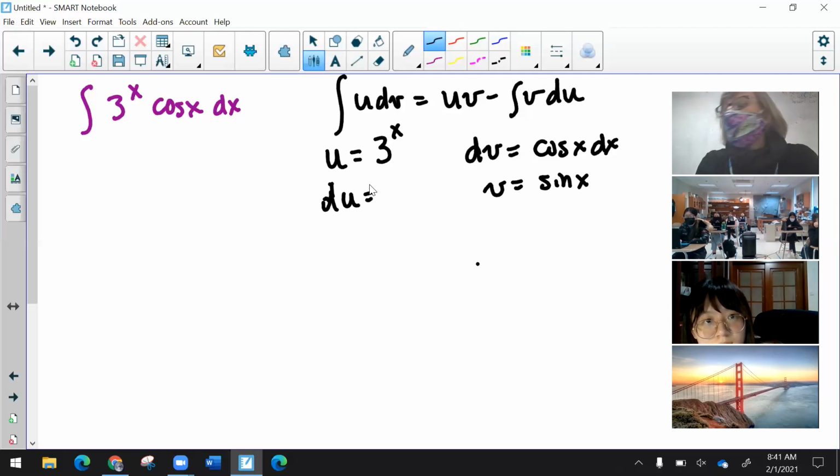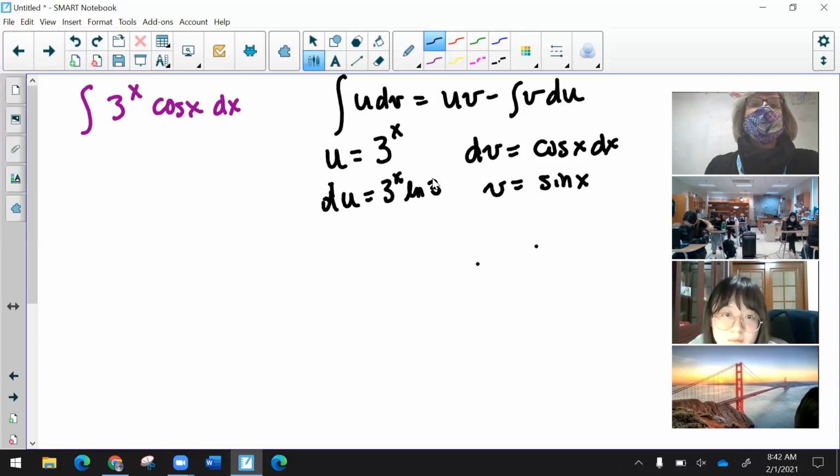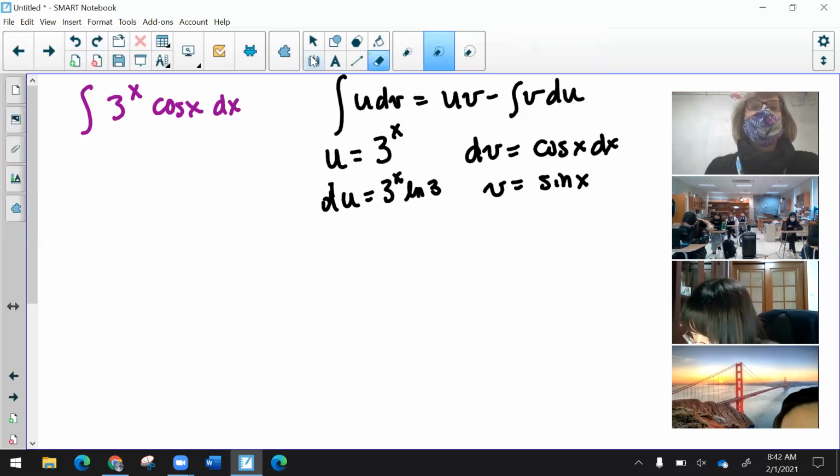So you might have to do a little research, go back and see if you can figure out how to do that. Dagny, did you remember? This is one you've got to know. So what is it, Dagny? So 3 to the x times the natural log of whatever that constant is. A formula worth having around.